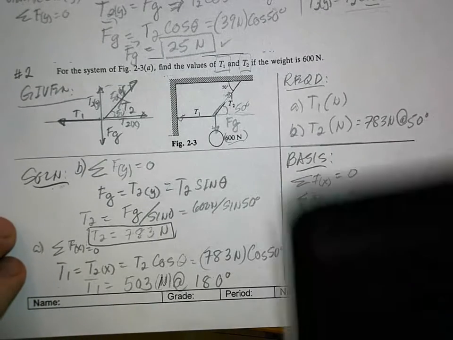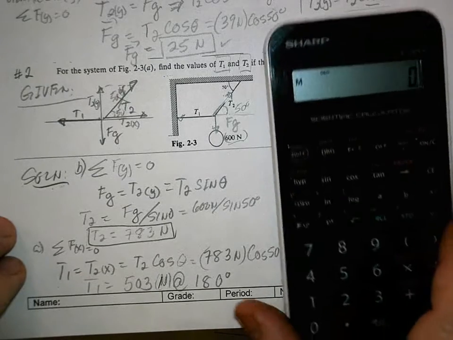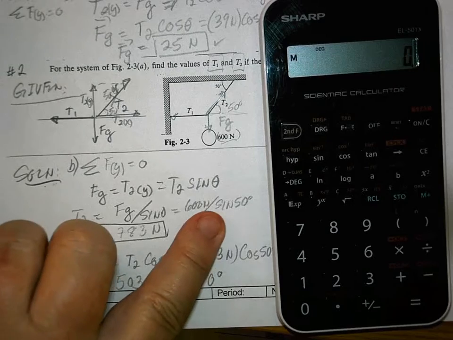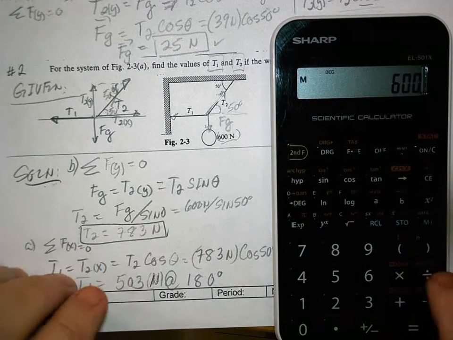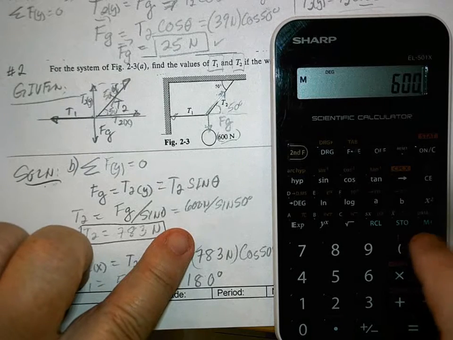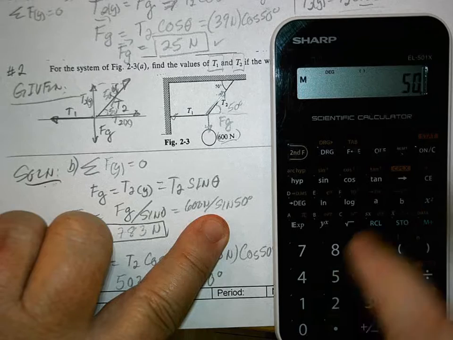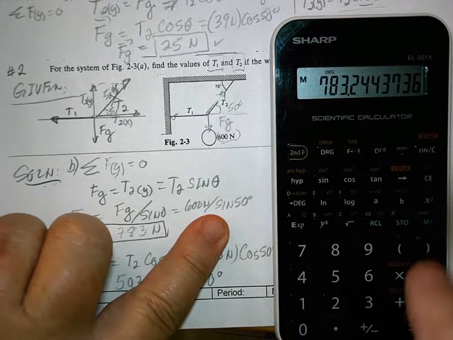So for those who are not able to do this, I'm going to show you how to do it on the calculator. Okay, I hope you can see this. Let's start with this. That's 600 divided by parenthesis 50 sine close parenthesis equals.